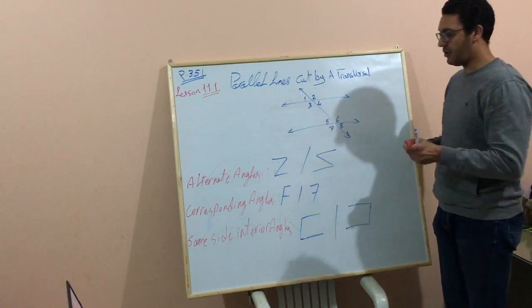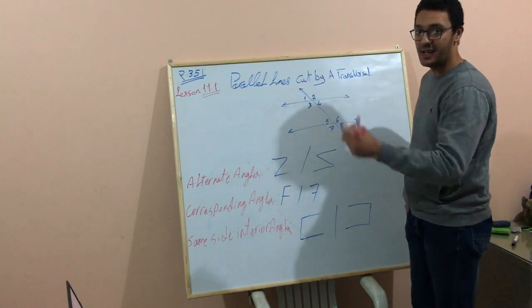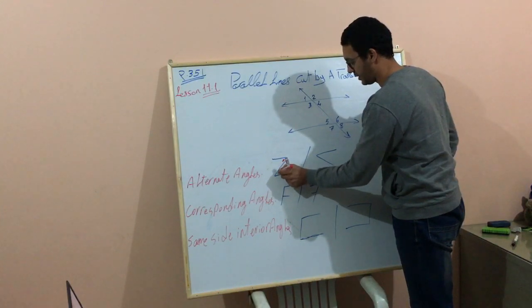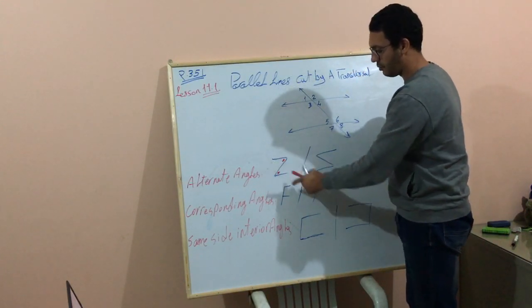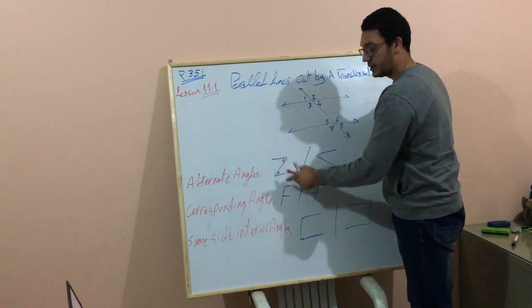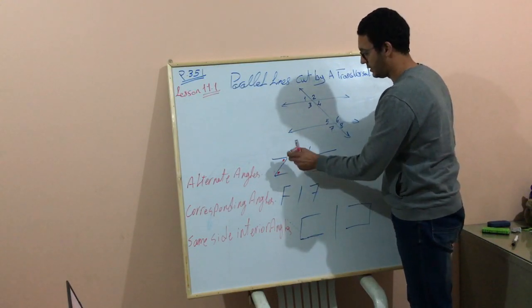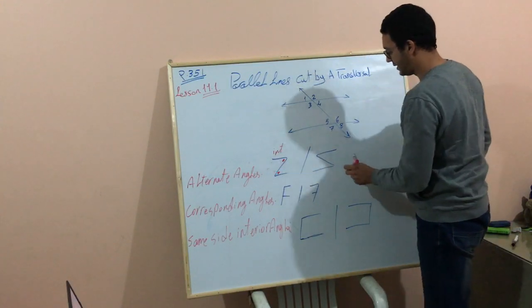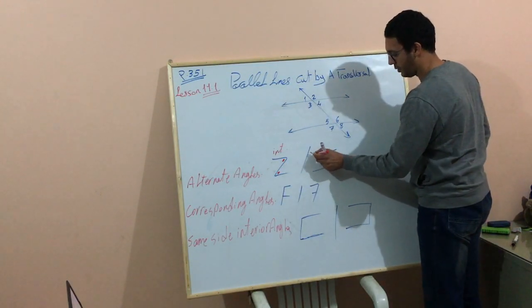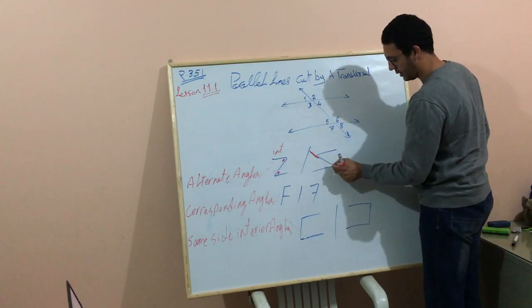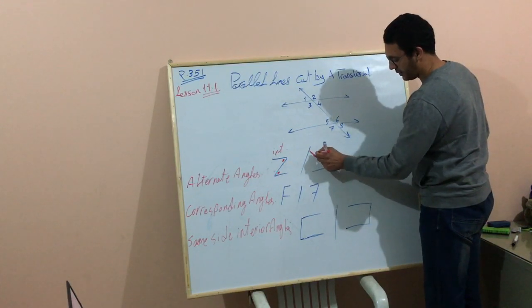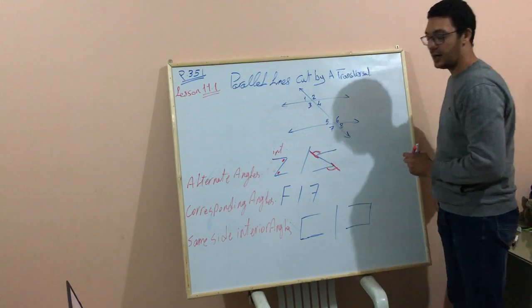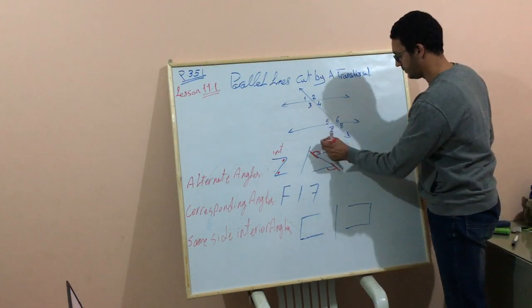And as we said before, the alternate angles can be interior or exterior. Interior like this, one of them on the left hand side of the transversal and the other on the right hand side. These two angles are alternate interior. They can be exterior like this. If we extend the line of the transversal, these two parts are alternate exterior angles.